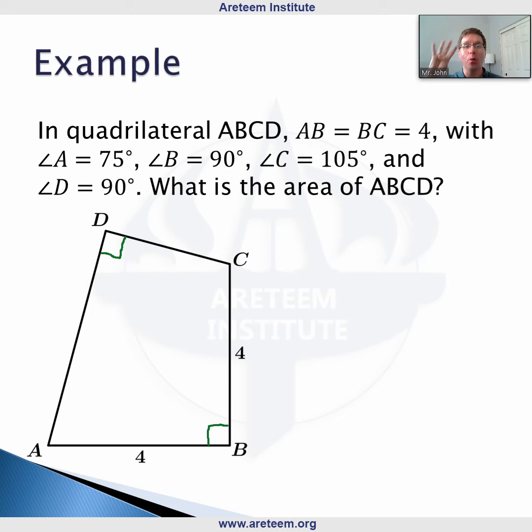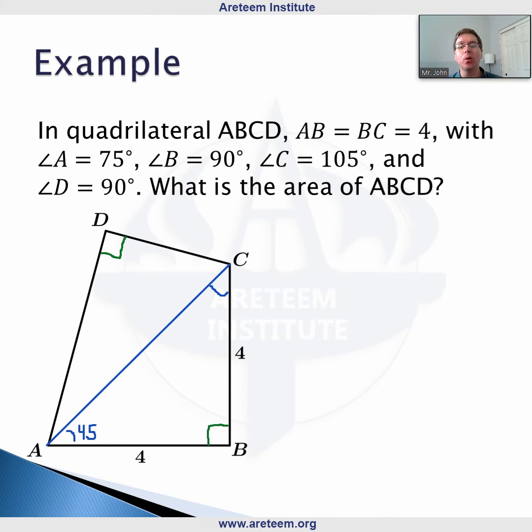We have 4 and 4 and a 90-degree angle. So wait a second, what happens if I connect A to C and now form a triangle? What do we know about this triangle? Well, it's an isosceles right triangle. So these angles here must be 45 degrees and 45 degrees.